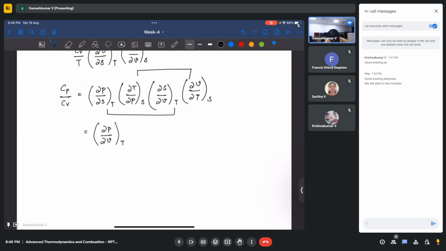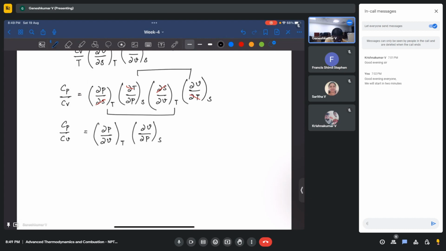Similarly here, temperature and temperature you can cancel out, and here entropy you can cancel out. Then you will end up getting ∂V/∂P at constant S. This is Cp by Cv, is that what you will get, ∂V/∂P.